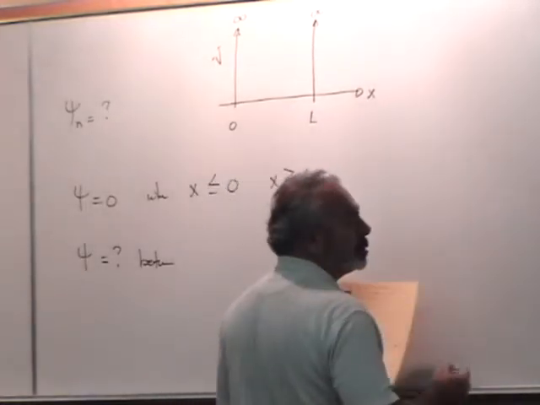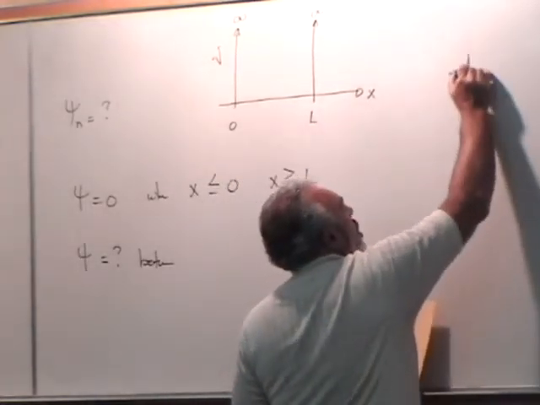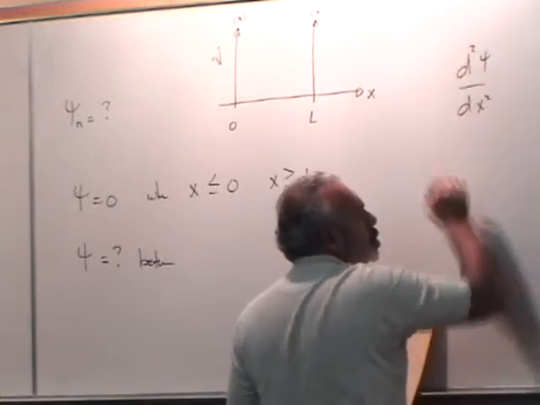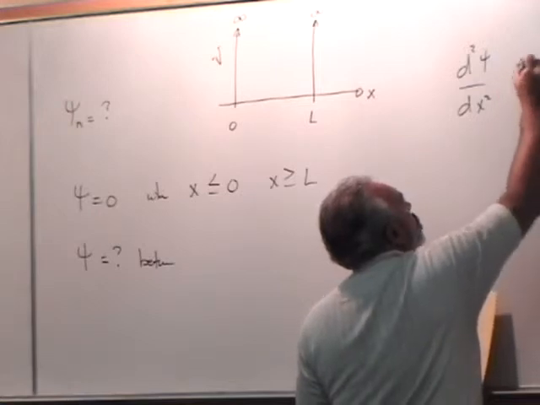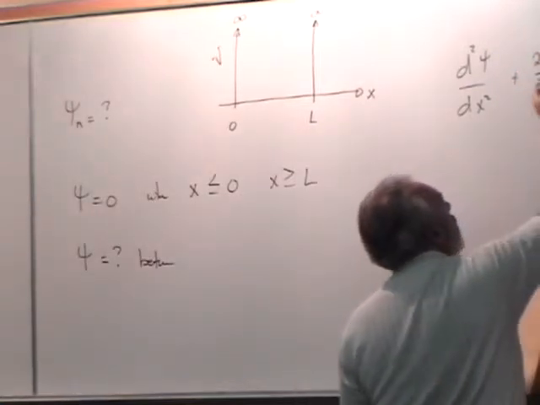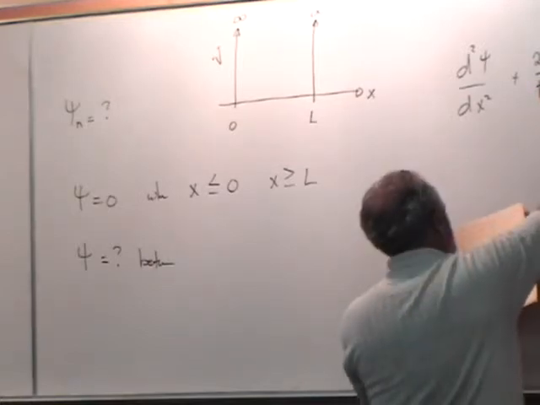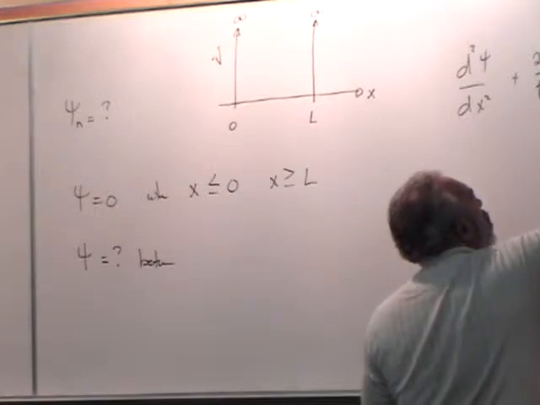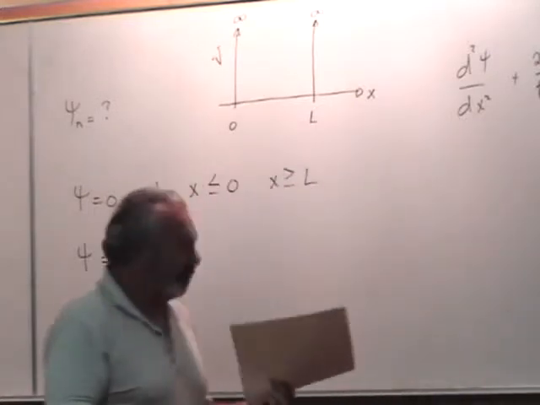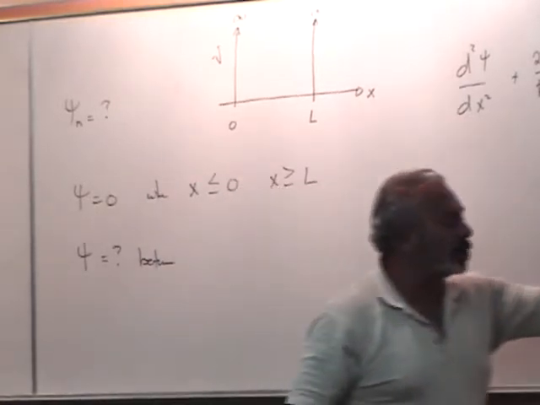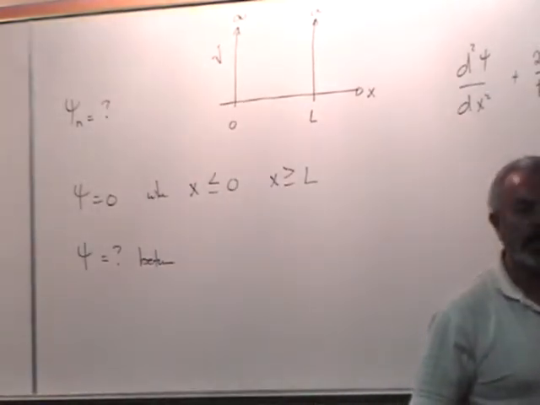I write d squared psi dx squared plus 2m over h bar squared E psi equals 0. Now, first off, this is a complete differential and not a partial differential. Why? Because psi is going to be a function of x only.